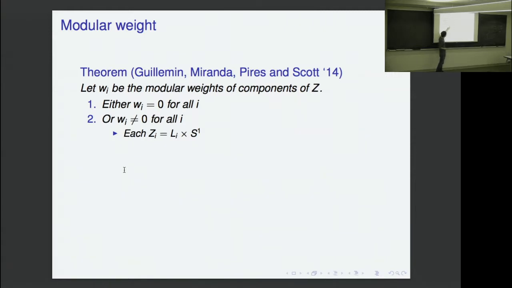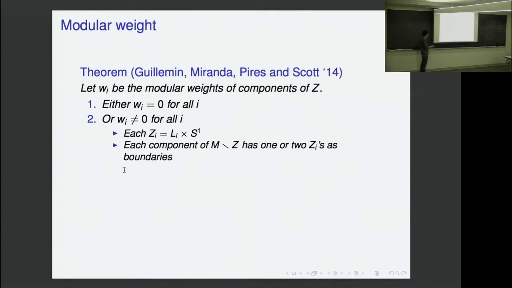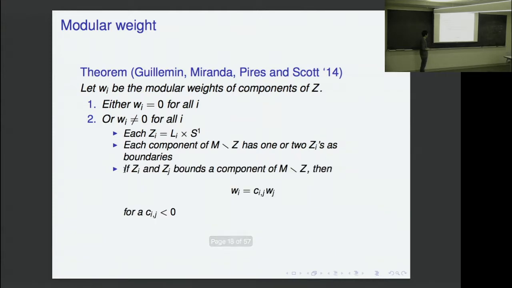Previously, this was described as a mapping torus, but in this case, it actually turns out to be a product, and every component is going to have either one or two. But now every component, after deleting the singular locus, is going to have one or two Zi's as boundaries, and all these weights are just multiples of each other.